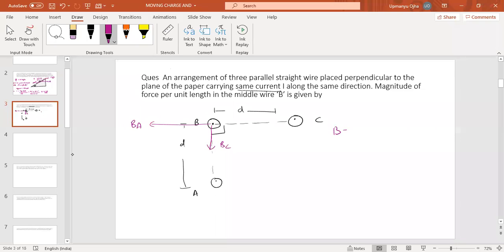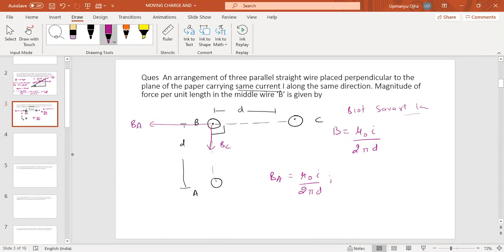Now can you tell me the value of the magnetic field due to parallel wires? From the Biot-Savart law, the magnetic field B equals mu naught I by 2 pi d. So the magnetic field on B due to A, that is BA, will be mu naught I by 2 pi d.